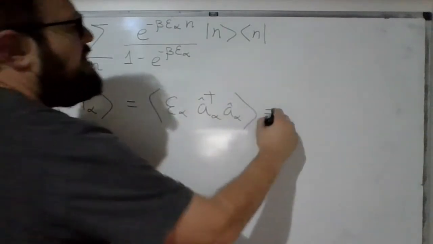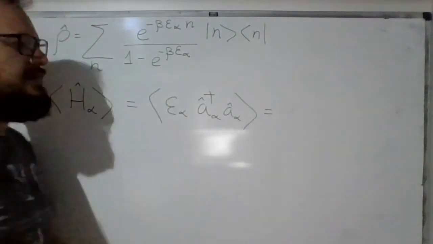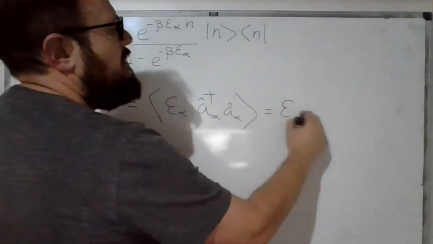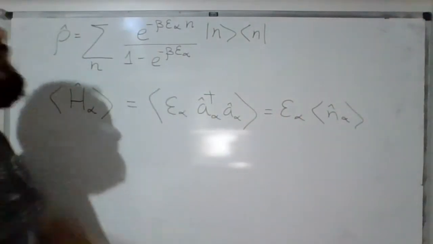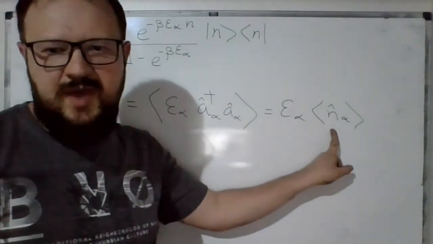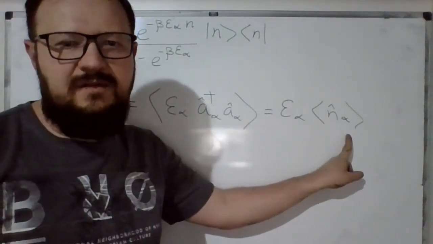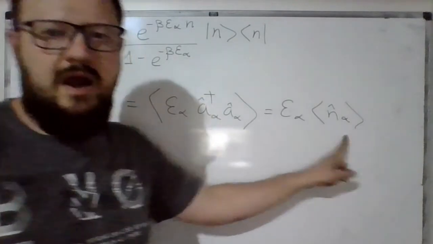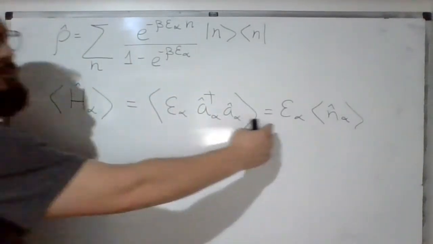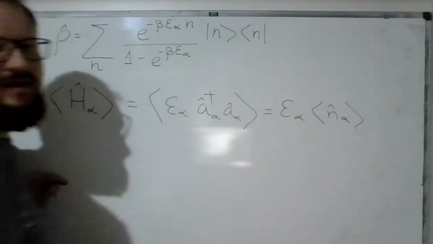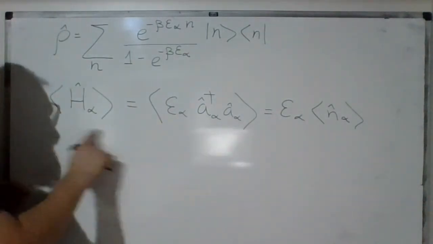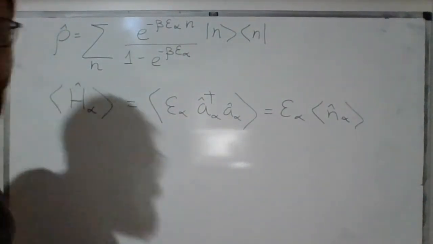It depends on the occupation number average. So if we calculate the occupation number in the state alpha, up to a multiplicative constant, which is the energy of the state alpha, we are calculating the average of the energy in that system.